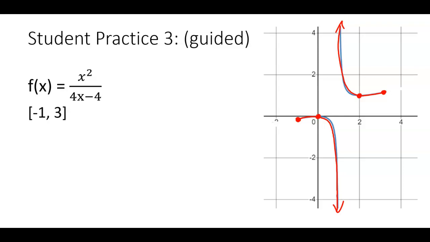Now, just looking at the table, you might have thought that -1 was an absolute min and 3 was an absolute max. But as you guys can see, that's not the case. Those are not the highest and lowest points. And the reason for that is because we had that place where the function was undefined, which is right here on this vertical asymptote.